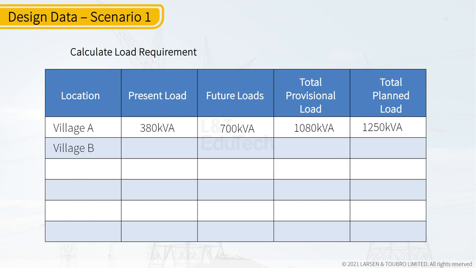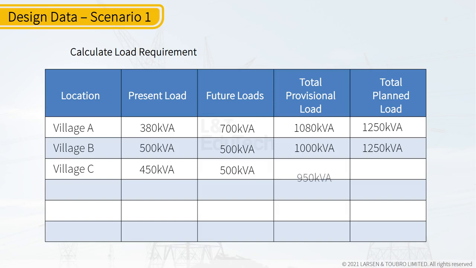Next, for village B, present calculated load is 500 kVA, future load is 500 kVA, total provisional load is 1000 kVA and planned load is 1250 kVA.